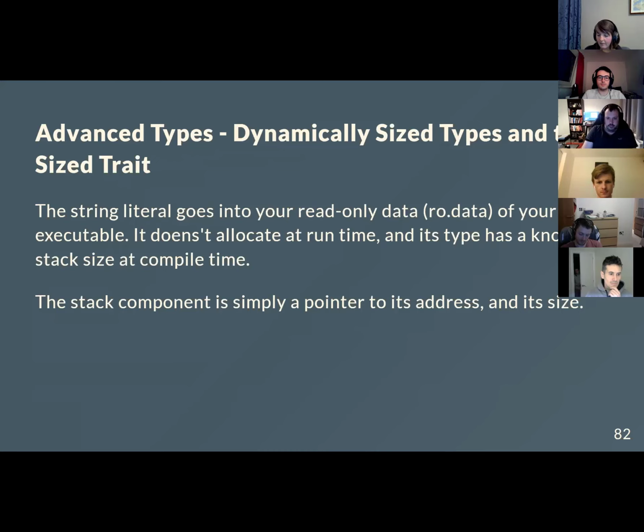It is putting the word hello into the read-only data of your application, and the stack component is just a pointer to its address and its size. That's one of the main ways you'll interact with dynamically sized types: the stack object for it will just be the address and its size. Then you look at the read-only data in the application's executable, and there will be the data.